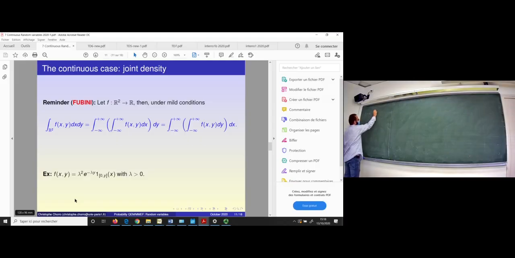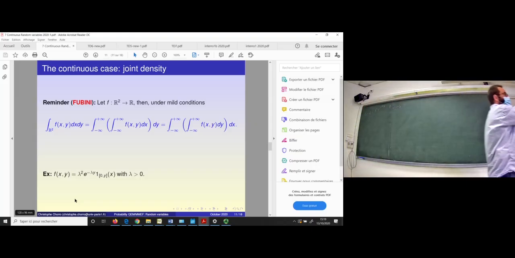So it is lambda squared exponential minus lambda y, and I have the indicator function of x between 0 and y, that I can write this way: indicator function that x is positive and less than y. It's exactly what I have written in another way here. It's what I want.